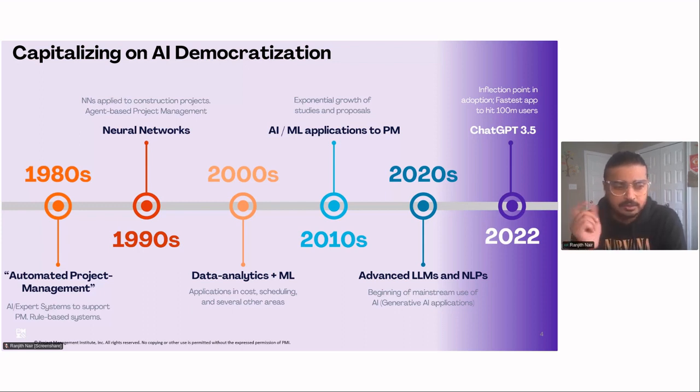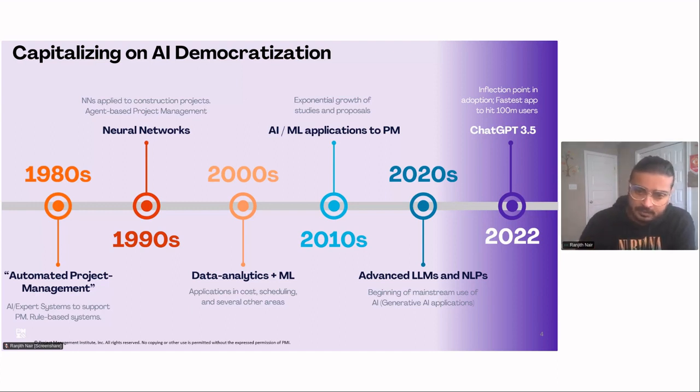That was the initial concept or idea of neural networks, and that was primarily around predictive forecasting of budget performance for construction-related projects. Then there were ideas about project management bots in the early stages, named as agent-based project management, that started being developed as well.